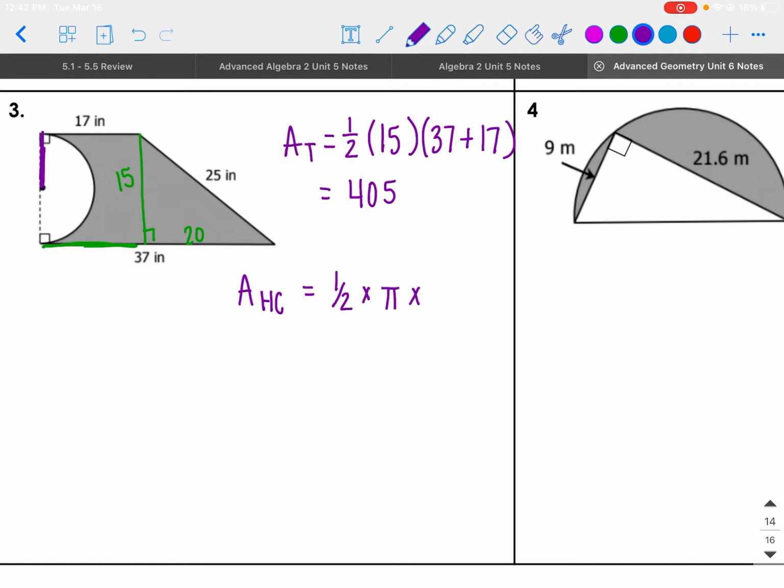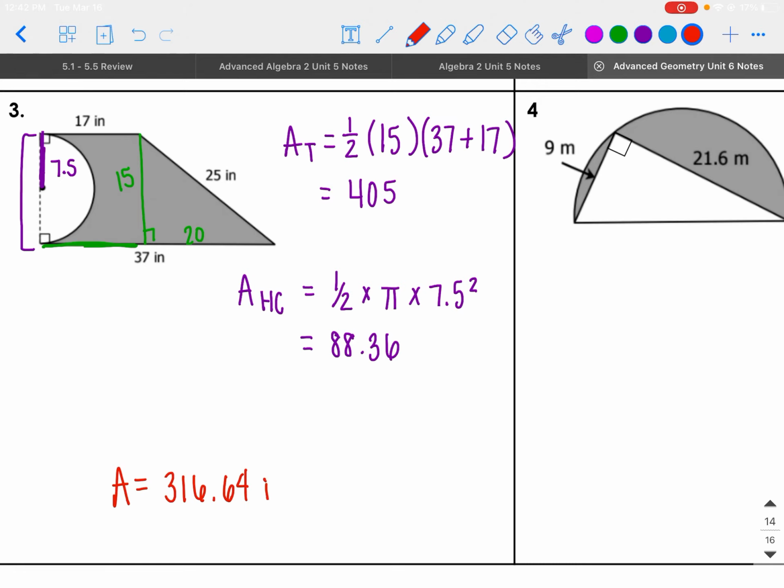And my radius is 7.5. The whole thing is 15, because remember we found the height was 15. So half of 15 is 7.5. So 7.5 squared. And we get 88.36. So my overall area, if I subtract, I get 316.64 inches squared.